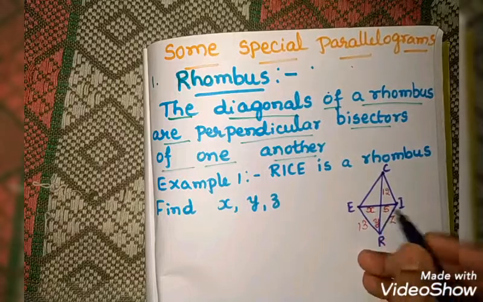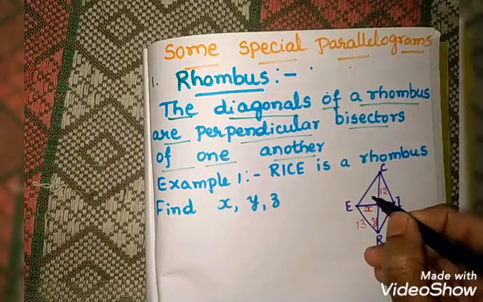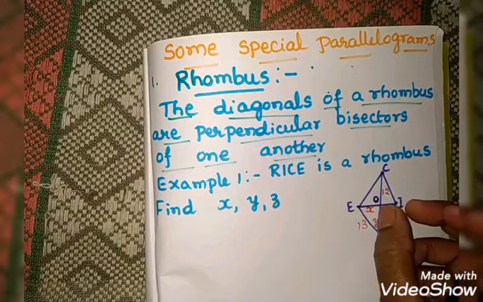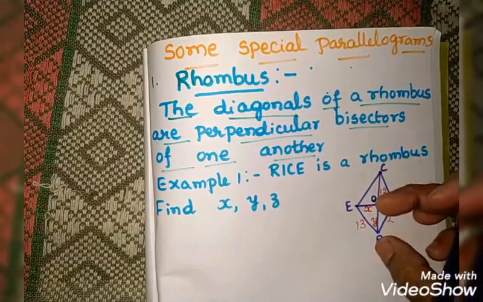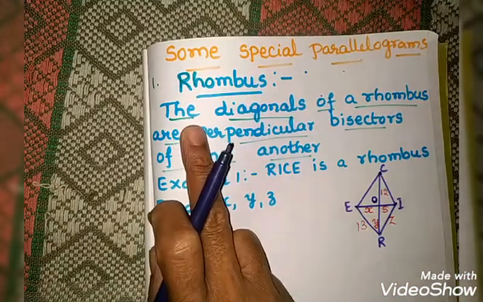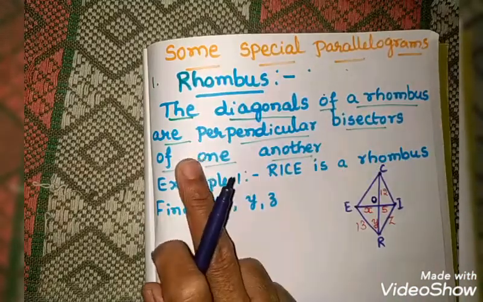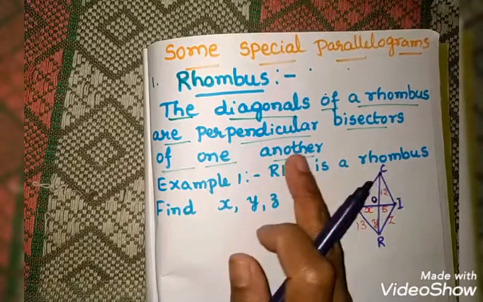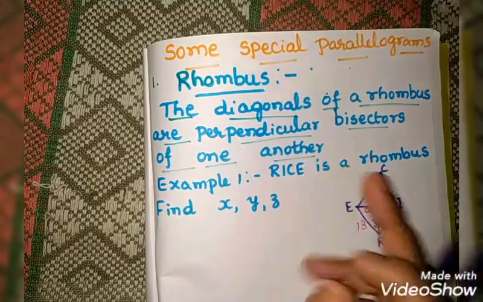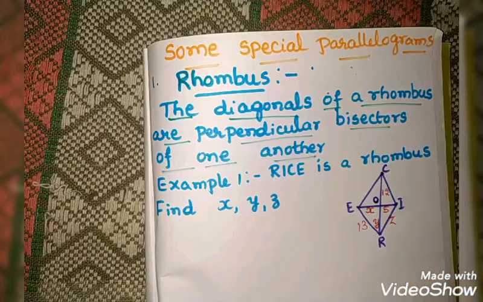For example, here, if this point is given as O, EO is equal to OI, CO is equal to OR. These portions are equal, children. Remember this property. The diagonals of a rhombus are perpendicular bisectors of one another. They are perpendicular to each other and they are bisecting each other.